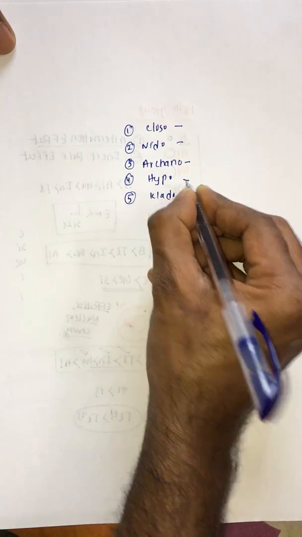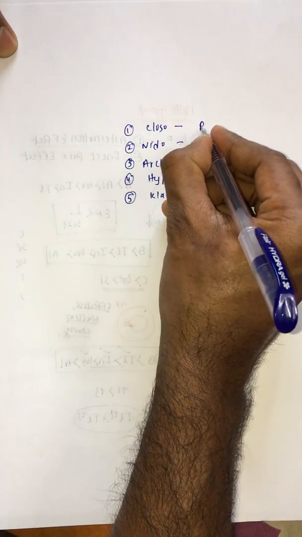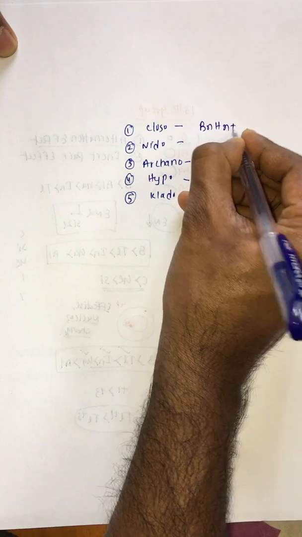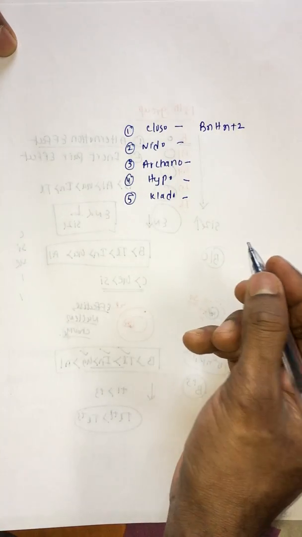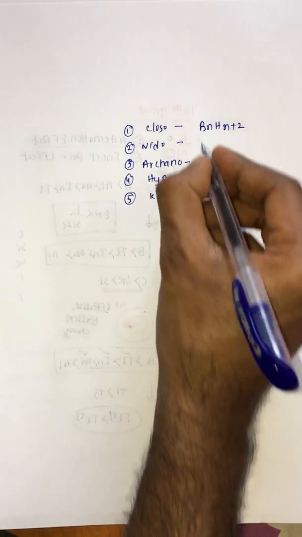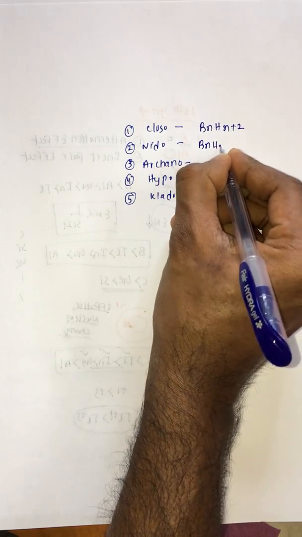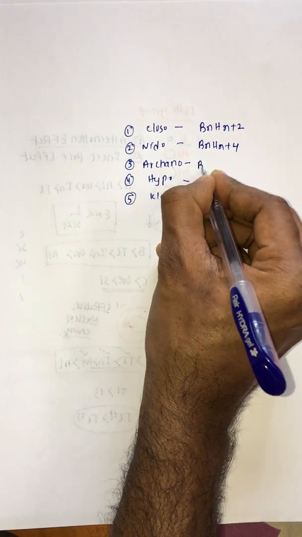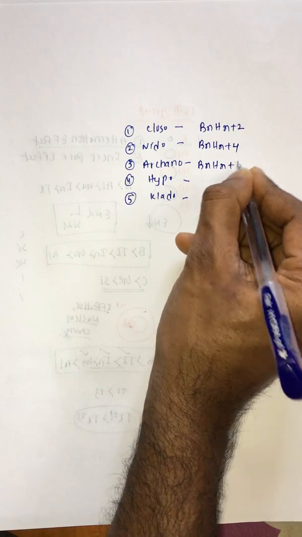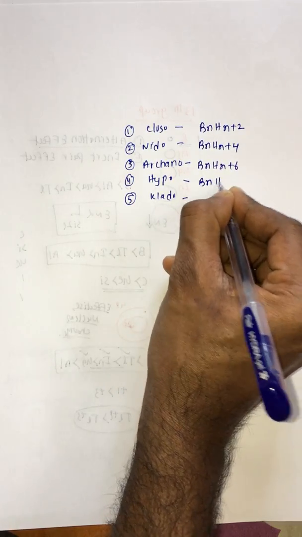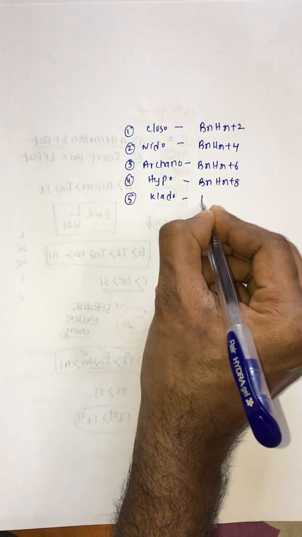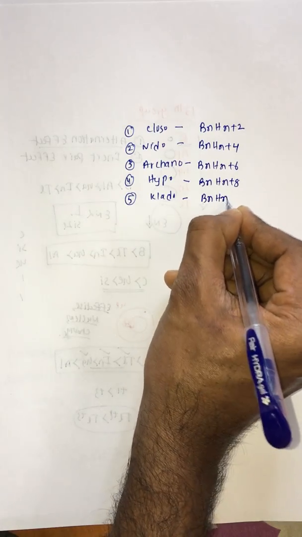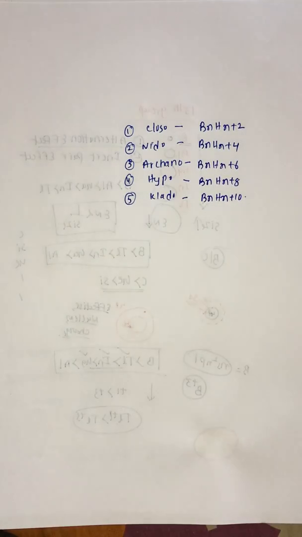Any borane having the molecular formula BnHn+2 comes under closo. Then BnHn+4 comes under nido, BnHn+6 arachno, BnHn+8 hypo, and BnHn+10 comes under clado.